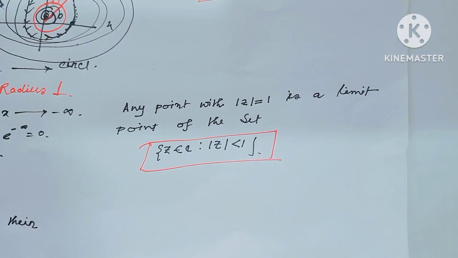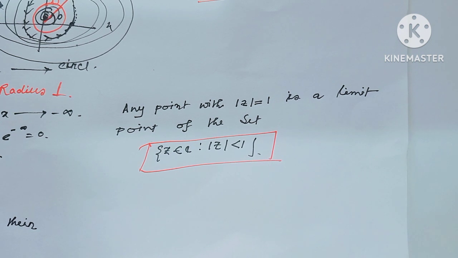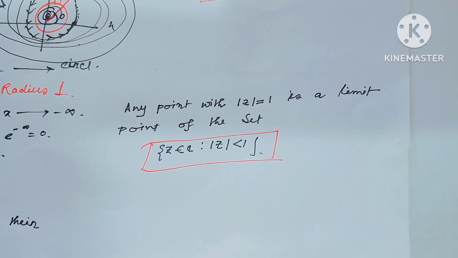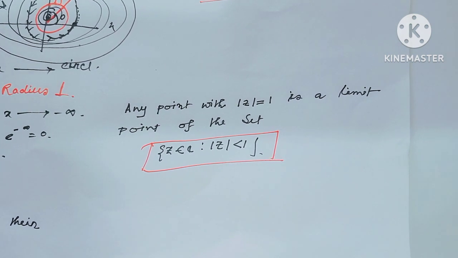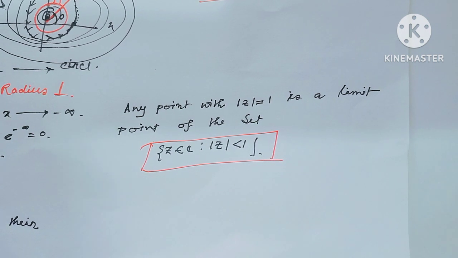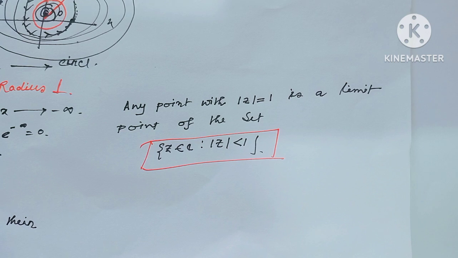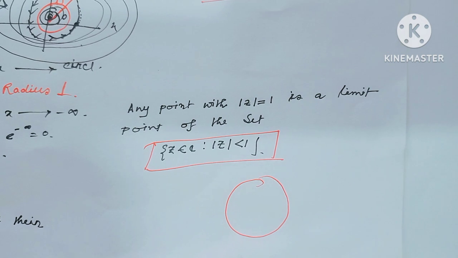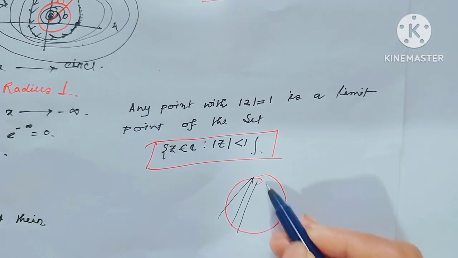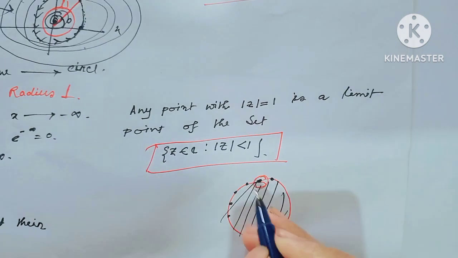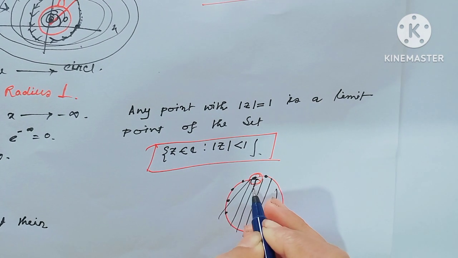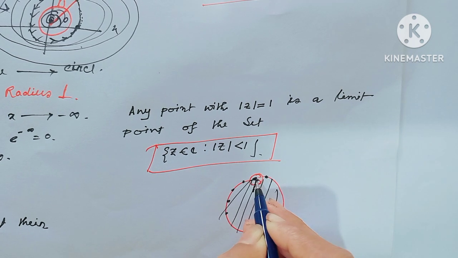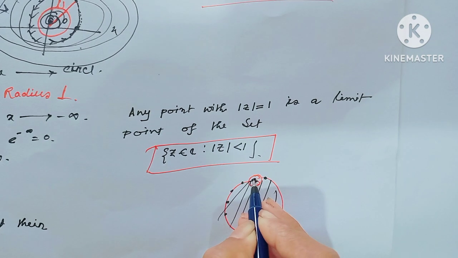For example, any point on the circle of radius 1, that is mod Z equal to 1, is a limit point of the set of Z in C such that mod Z is less than 1. That means the ball of radius 1, if we consider the interior of the set, then you can get any point in the interior of this circle which is arbitrarily close to this point.